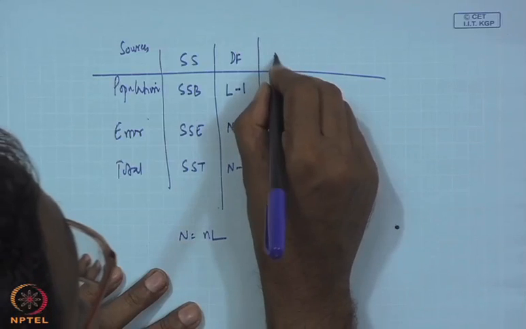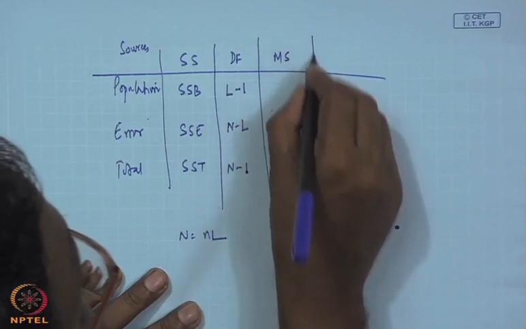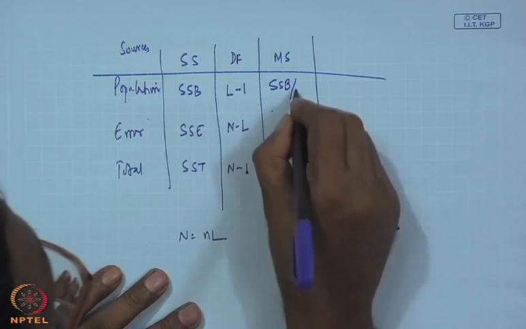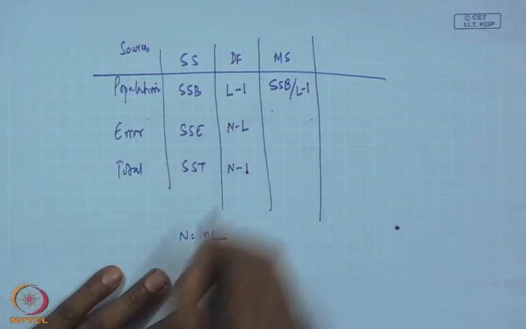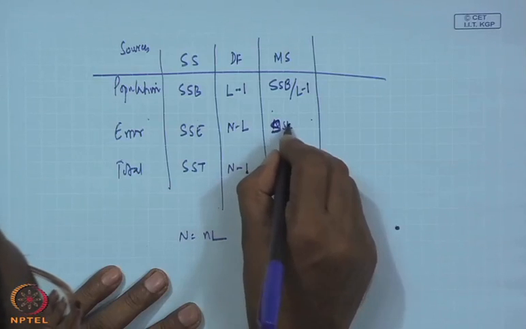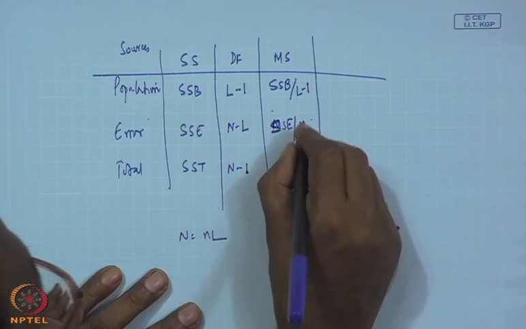And then the mean squares: SSB by L minus 1, and SSE by N minus L.